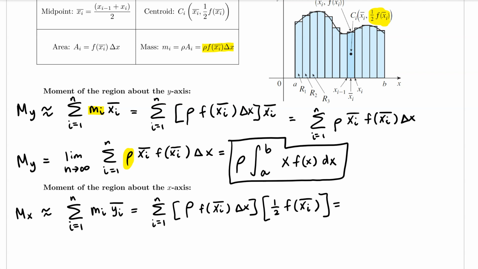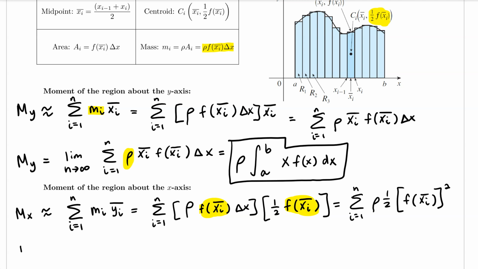And then I'm just going to rewrite the inside of my summation now. So that's going to be rho times 1/2 times, now in this case notice that f of x sub i bar is here and also appearing here. So if we multiply those, that is going to be f of x sub i bar quantity squared.